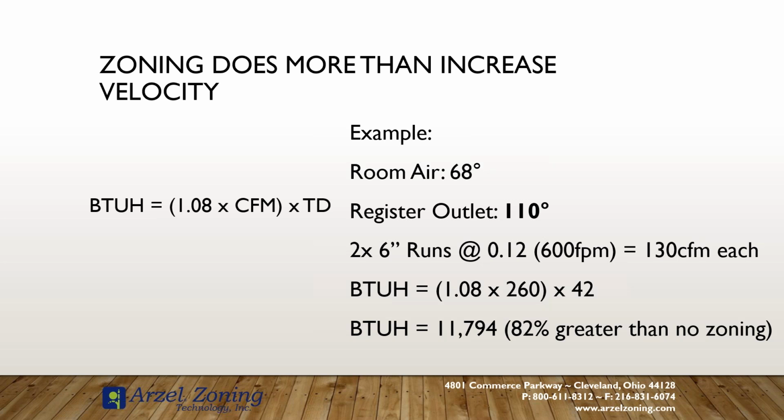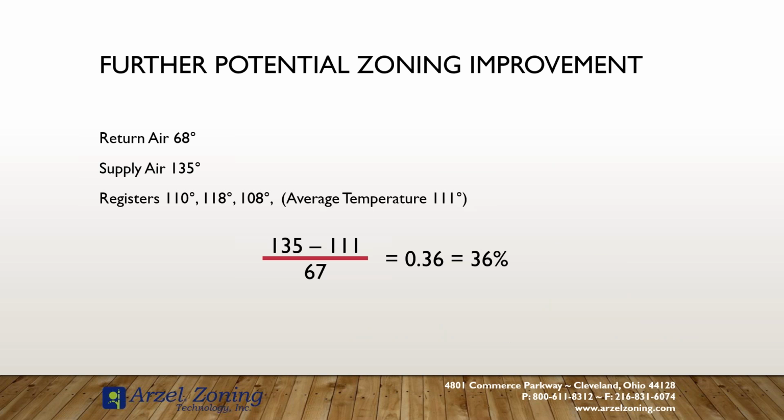But then we can take that and use that formula that I gave you earlier to talk about how that affects our ductwork. If you remember before, there was a 53% BTU loss through our ductwork. But now with the zoning system, we've got a slightly higher supply air temperature.